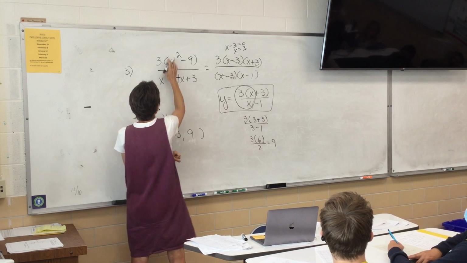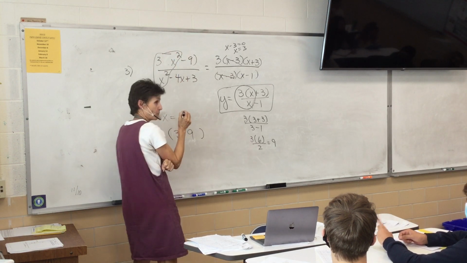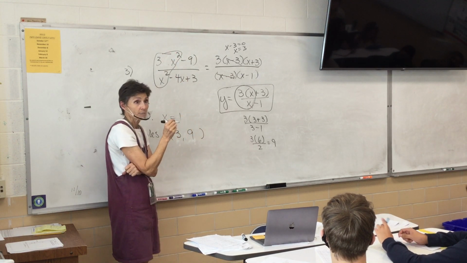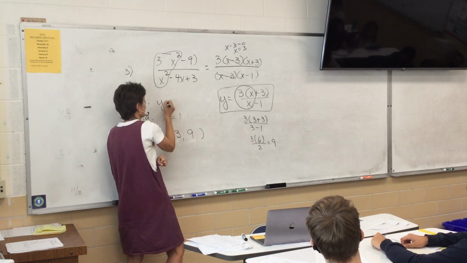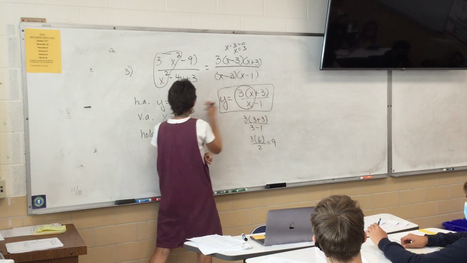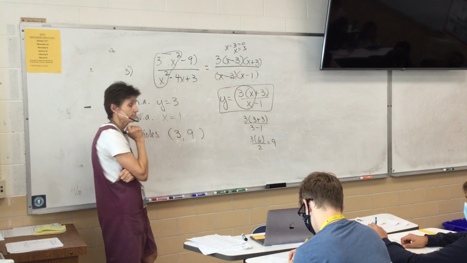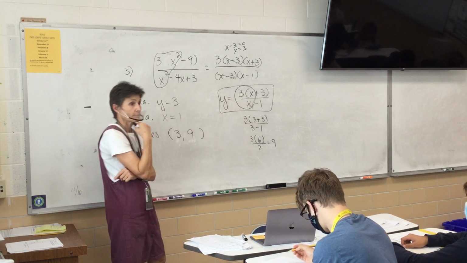If you boxed in the original problem, you have 3x squared over x squared. Either way, where's your horizontal asymptote? y equals 3 over 1.